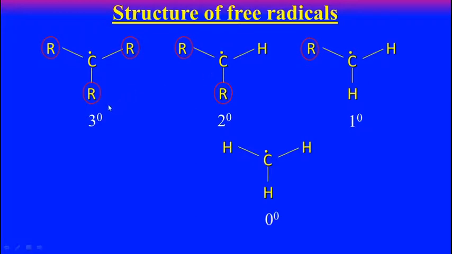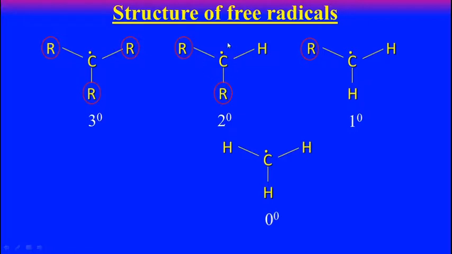But a 3 degree alkyl free radical contains 3 alkyl groups. That's why in this case the electron deficiency is easily neutralized by the 3 alkyl groups. But in a 2 degree free radical, only 2 alkyl groups are present here.